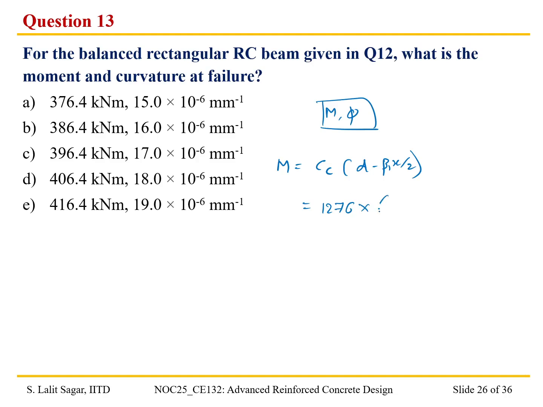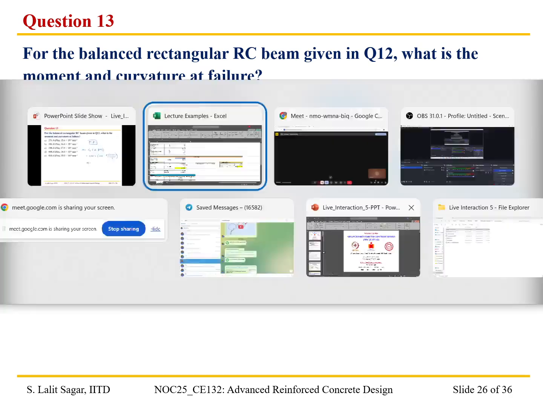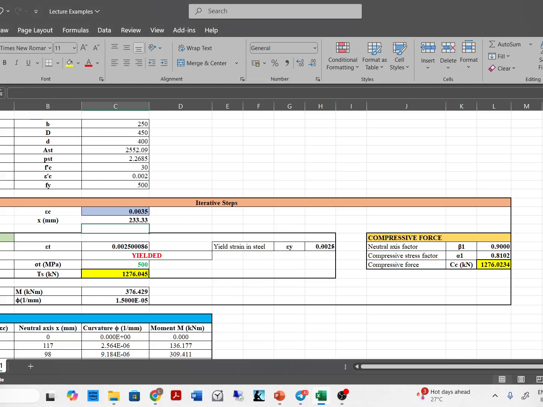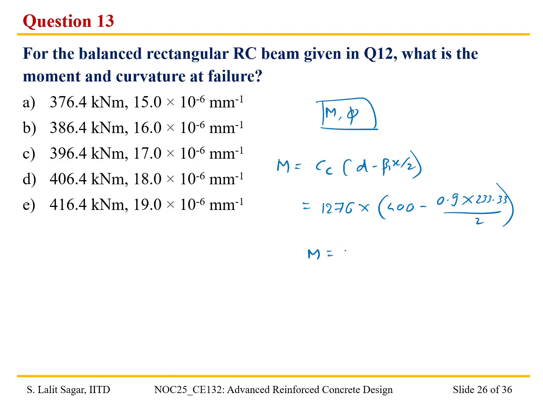Cc is 1276 kilonewton into D is 400 minus, what is the value of beta? Beta is 0.9 into x is 233.33 divided by 2. So we get the value of M as how much? 376.4 kilonewton meter.